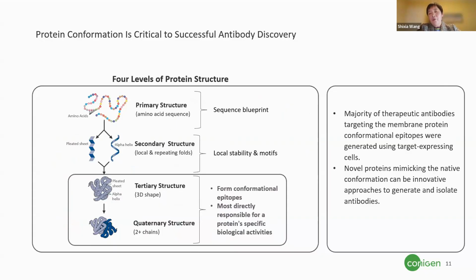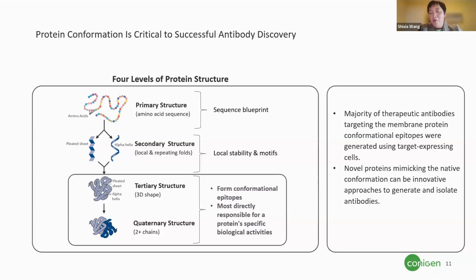And also, if we look at the approved therapeutic antibodies, the majority of the antibodies target membrane proteins and also target conformational epitopes. However, generating these antibodies was not that easy.